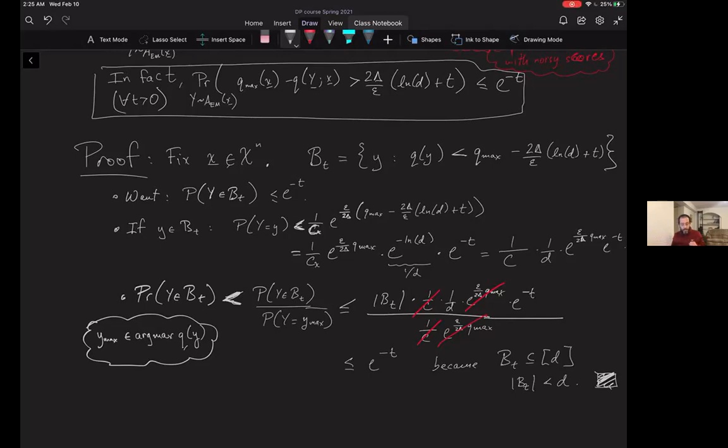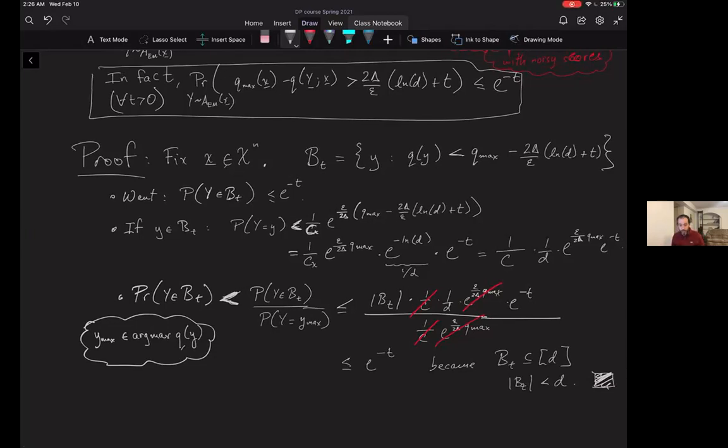So the chance that we see something that is more than log of d worse than the optimum ends up being very small, because even if all the other things are that bad, their probability won't add up to enough to dominate the probability of one good outcome.